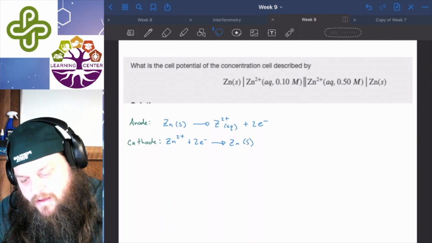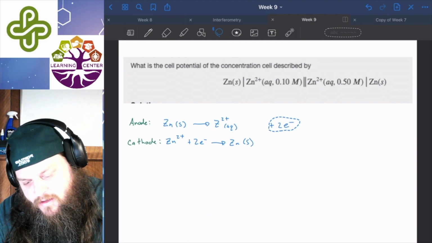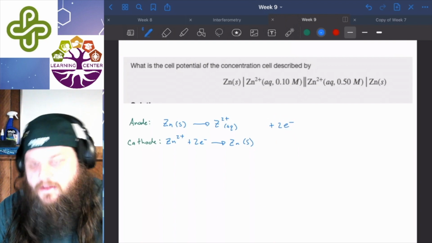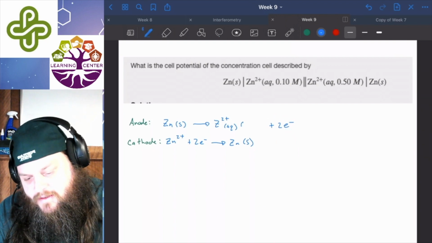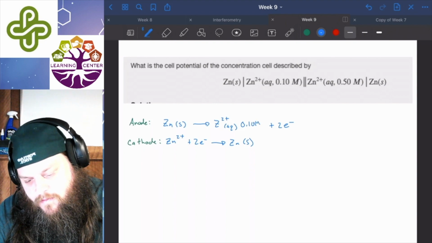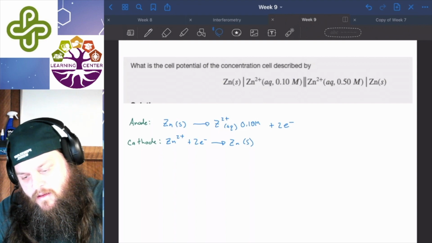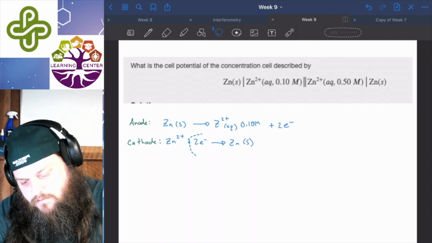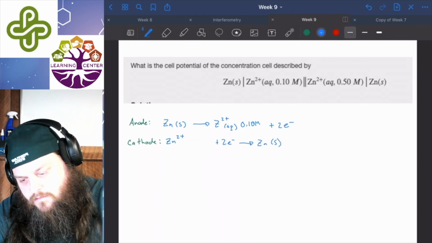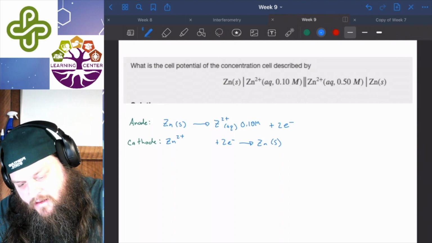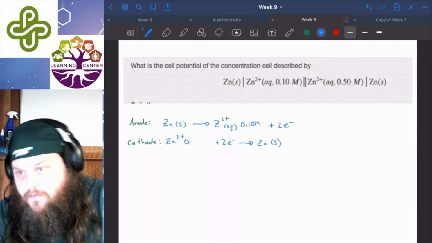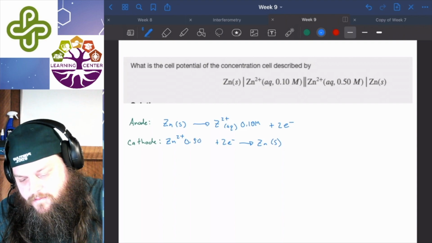So we can actually write this in a somewhat different way, putting in the molarity of things. So I can say this is 0.10 molar is what the anode side is going to be. And over here, I can say this is 0.50 molar.